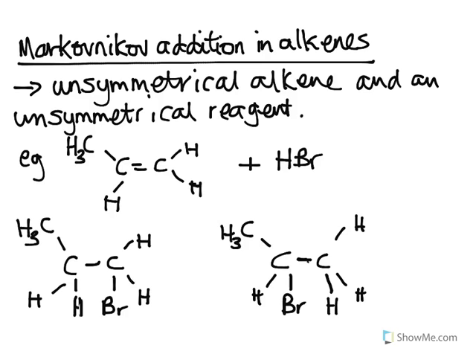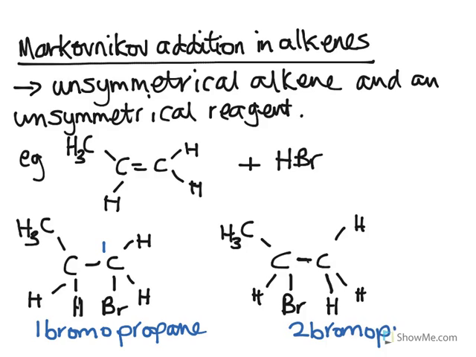In this case we have 1-bromopropane, where the bromine is on the first carbon in the chain, and in this case here we have 2-bromopropane, where the bromine is on the second carbon.